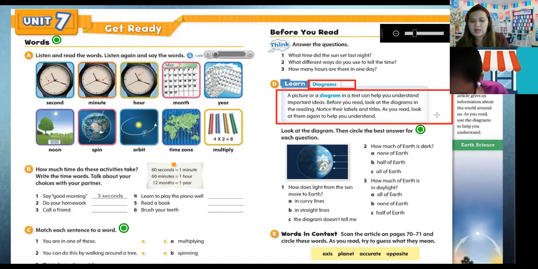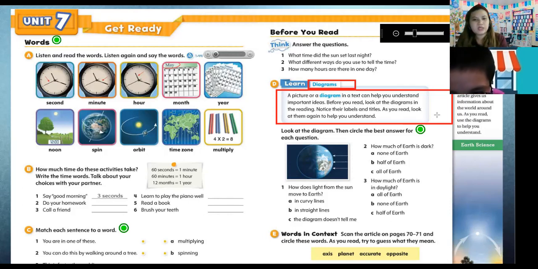For example, if your teacher says, what can you say about the diagram? It means that your teacher is trying to ask you, what can you say about the picture?